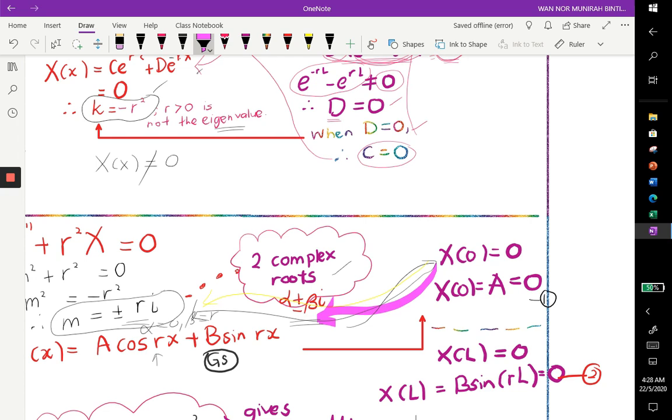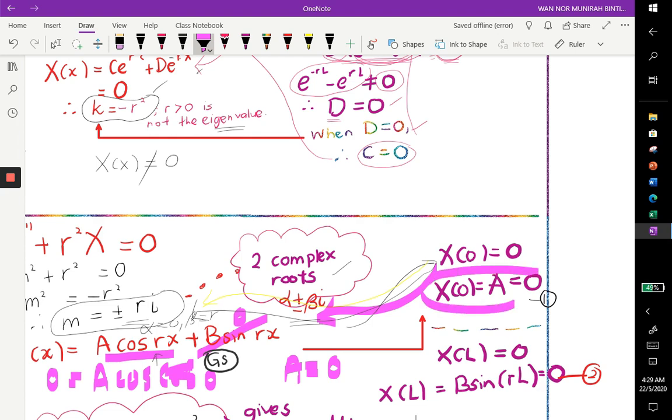B sin 0 is 0, so I have A cos 0, and cos 0 is 1, equals 0. So I have A equals 0. Substitute here: A cos 0 is A, plus B sin 0 is 0. So the left hand side equals 0, so A equals 0.